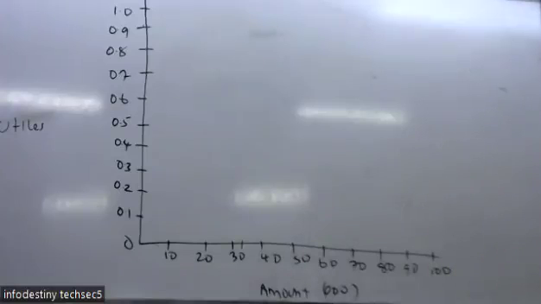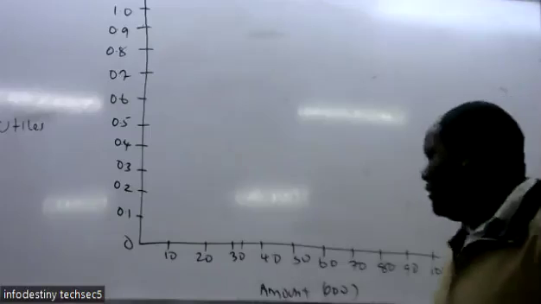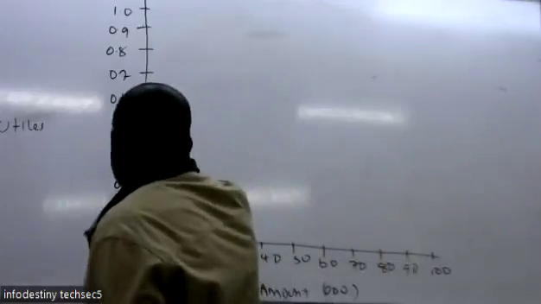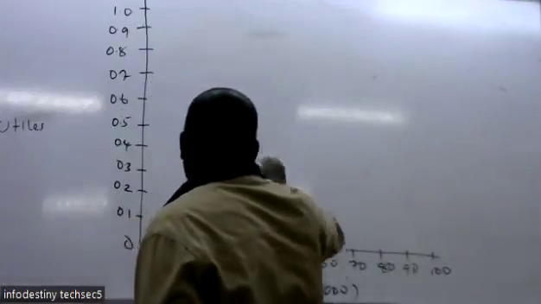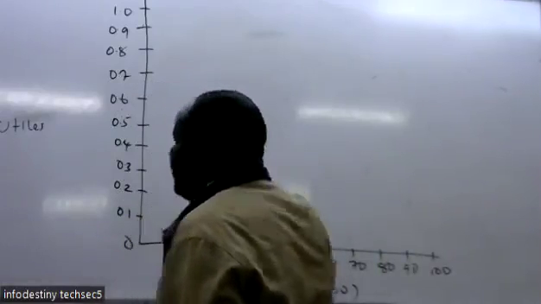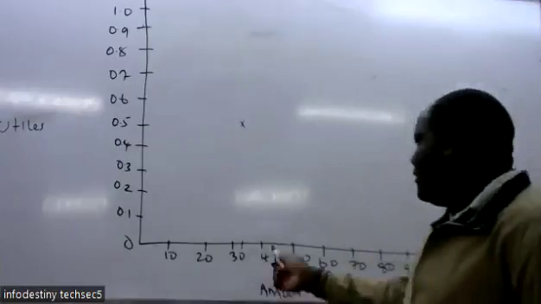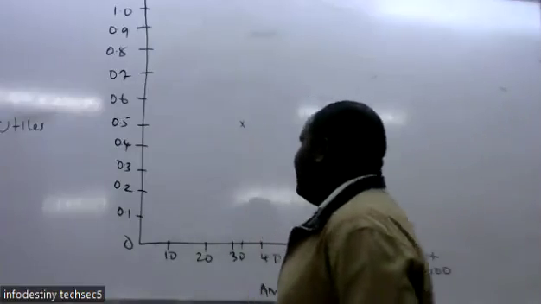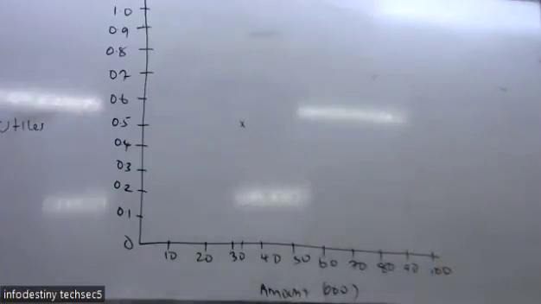When we calculated that, we got 0.5. So it is 33, and this one is 0.5. We locate that particular point.